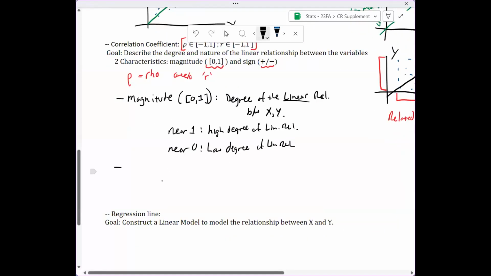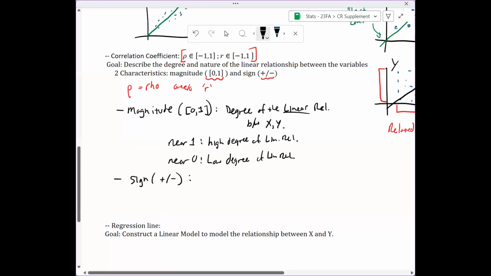The other characteristic is the sign, positive or negative. If I have a reasonably high degree of a linear relationship, I might be interested in the nature of that relationship.